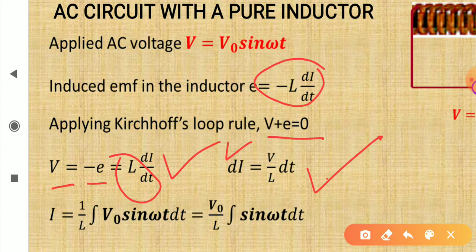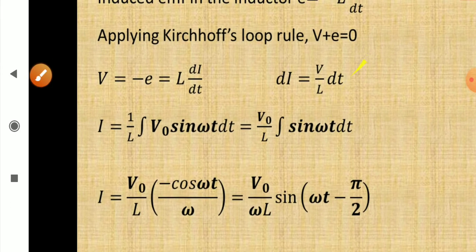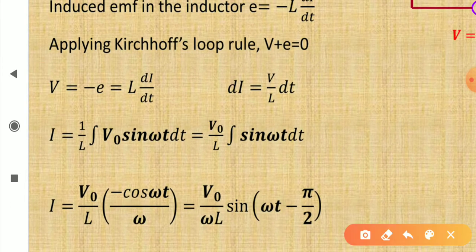Now we want to find the relation for current. For that, integrate both sides and then you will get I is equal to. Now when you integrate, L is constant, so L is taken outside, and in place of V, put the value of V, which is V naught sine omega t. Now V naught is the peak voltage, so this is also constant, so take it out.